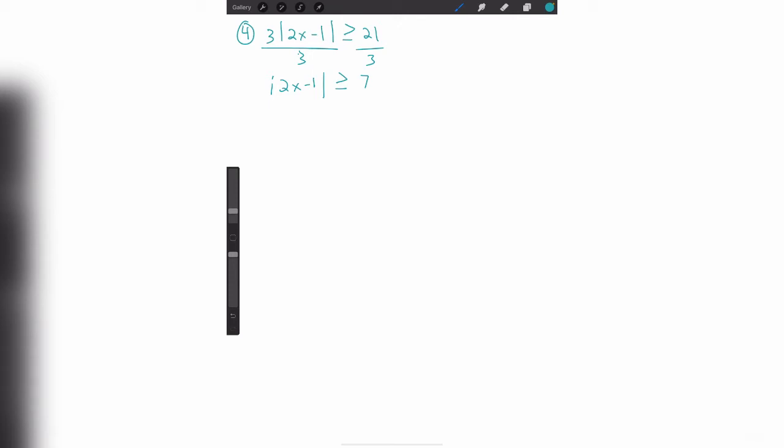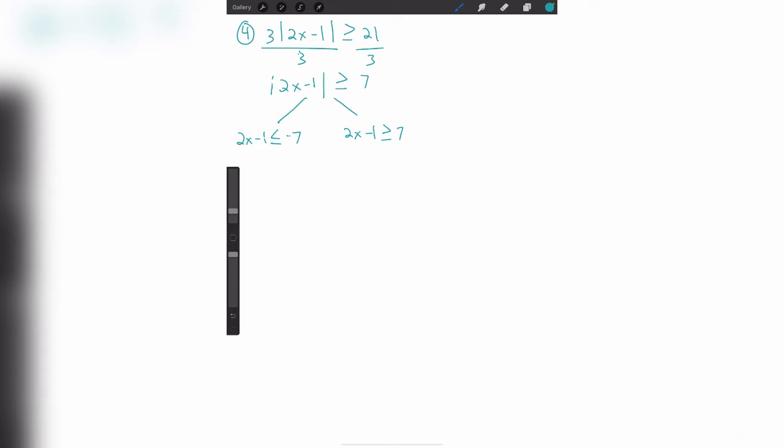Okay, now this is where I split in 2 different directions here, and I can say 2x minus 1 is less than or equal to negative 7. Remember, I flipped the sign and I made that a negative number. And then I want to write 2x minus 1 is greater than or equal to 7.